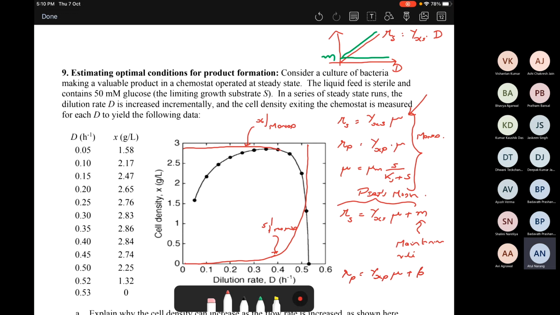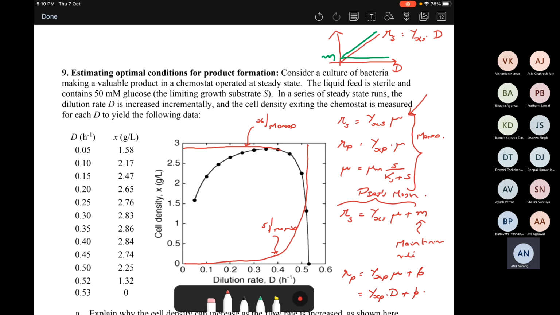Essentially, you need this background to work out this problem. In a chemostat at steady state, this will become equal to Yxp times D plus p.